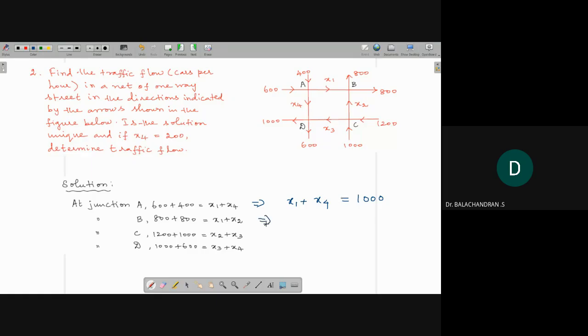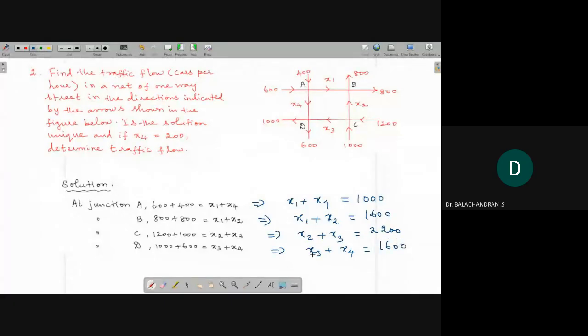From this we have x1 plus x2 is 1600. From the third equation, x2 plus x3 is equal to 2200. From the last equation, x3 plus x4 is equal to 1600.